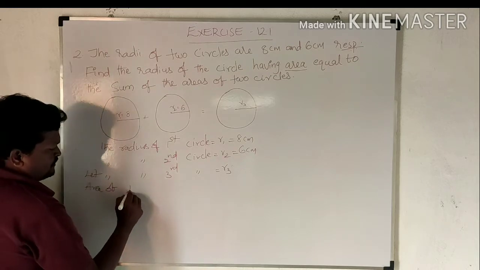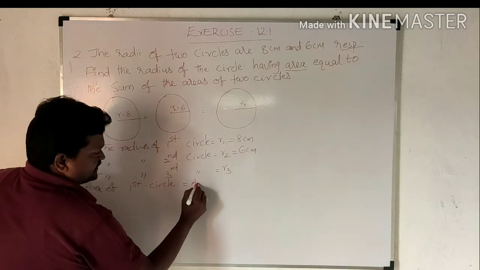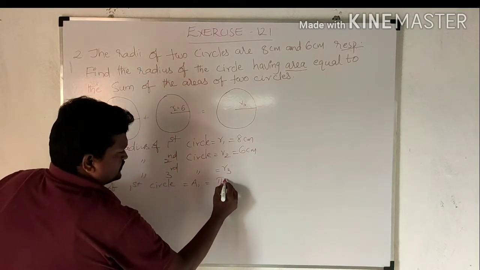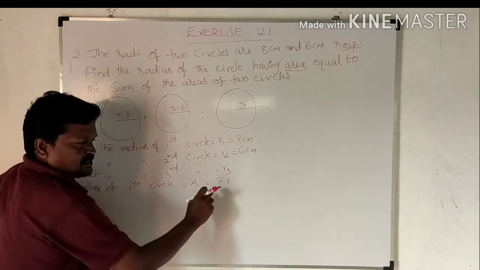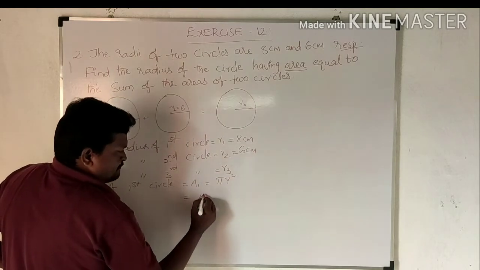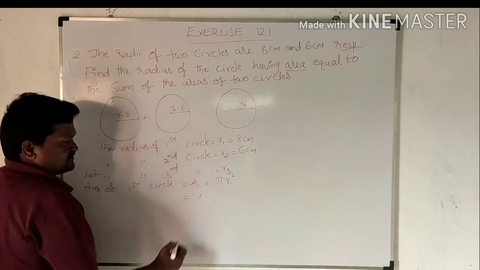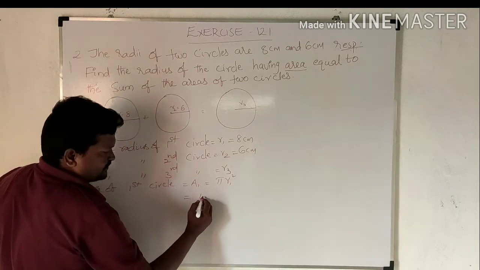Area of the first circle, let it be A1, is equal to, we know the formula for the area of a circle is pi r square. Here pi R1 square. For the first circle we are finding the area, that's why we take pi R1 square.